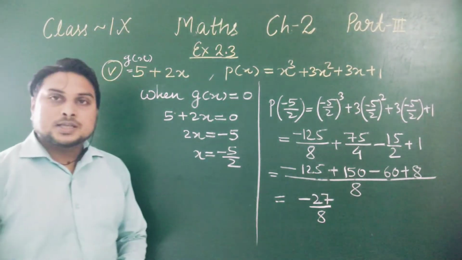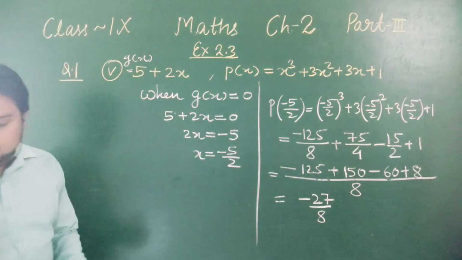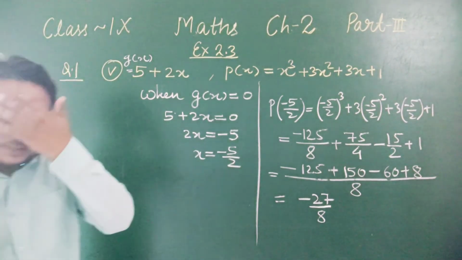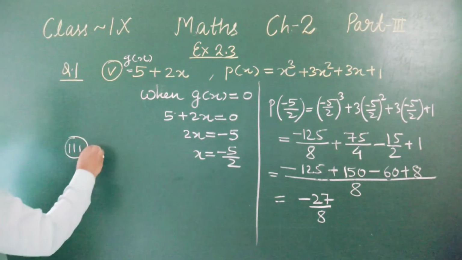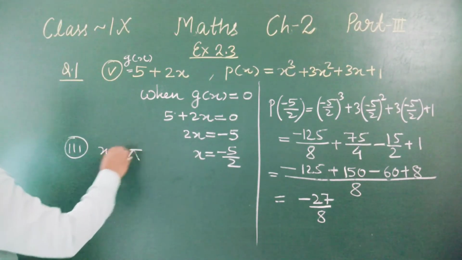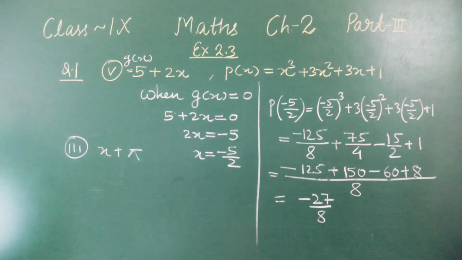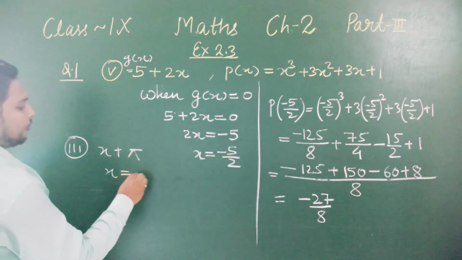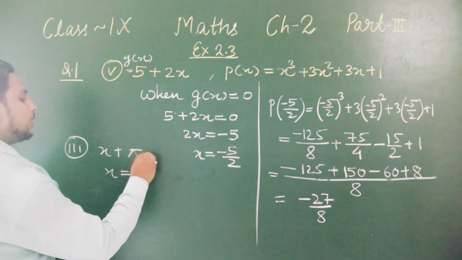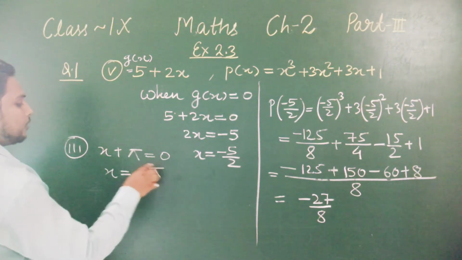So like this, you will do all parts of this question. Its third part is x plus pi. In the third question, the divisor is x plus pi. So here you will not put the value of pi. When you make x plus pi equal to 0, the value of x is minus pi.